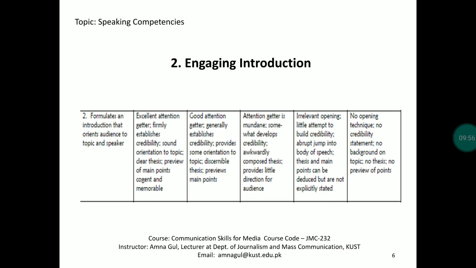Number 1, minimal: the opening is irrelevant, it doesn't try much to build credibility. Then there's an abrupt jump towards the body of the speech. Thesis or main points cannot be deduced, because those are not very clearly stated.